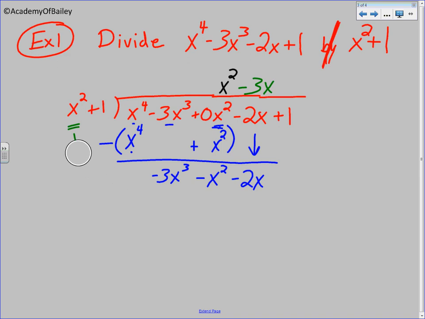All right. Next step, let's take this negative 3x, and multiply it by both of those terms. Negative 3x times x squared should give us negative 3x cubed. And negative 3x times 1 should give us negative 3x.